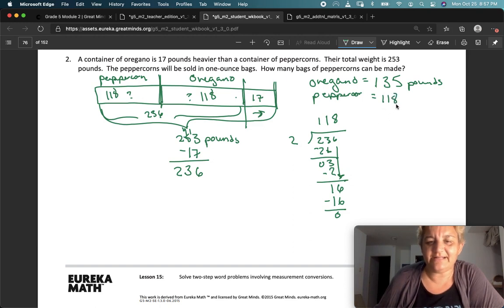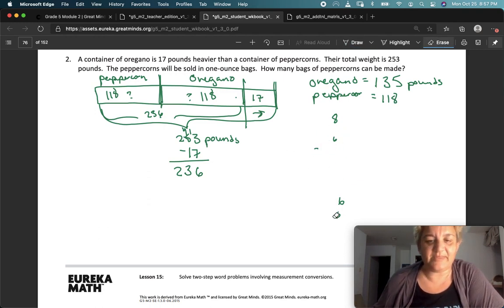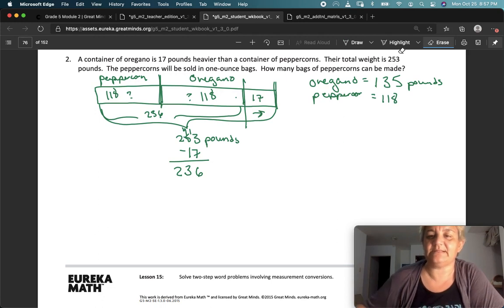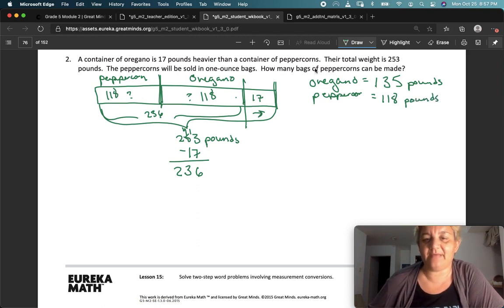Now, if I add 118 to 117, am I going to get 135? I should, right? Yeah. Okay. Excellent. So now I know how many pounds I have of each. But that's only the first part of the problem. What's the second part? The second part is converting that into ounces and then seeing how many bags we'll have.